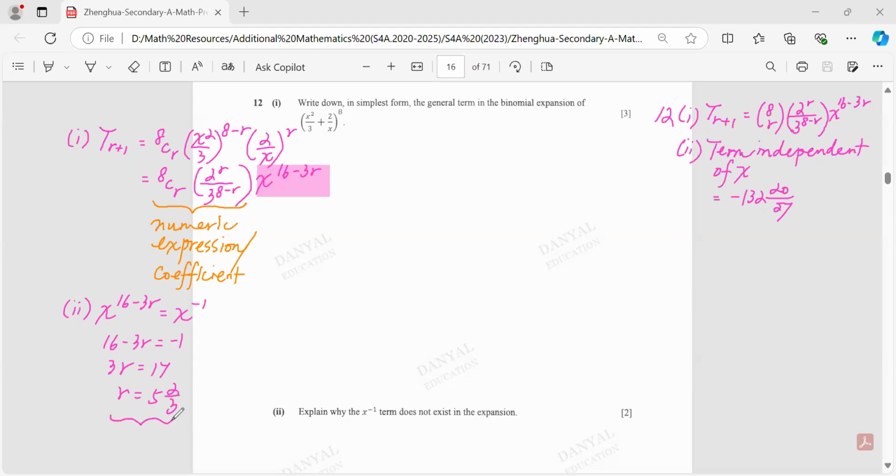So since the value of r obtained is not an integer, the x to the power negative 1 term does not exist.